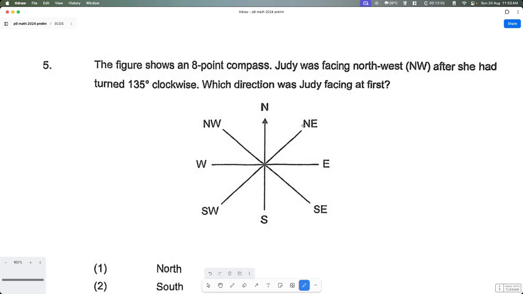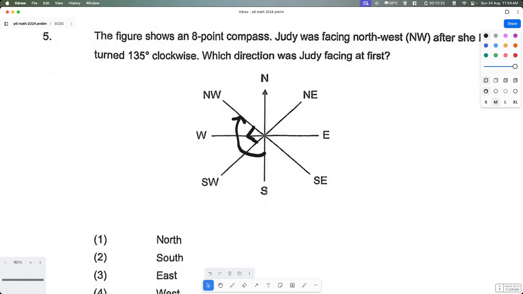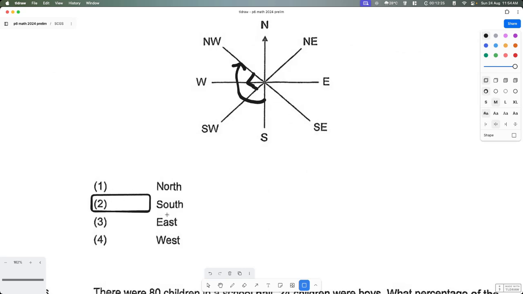So basically we just turn back. We have 90 over here, and then half of 45. So that means she turned 135 degrees with this over here, which means she was facing south, which is option number 2.